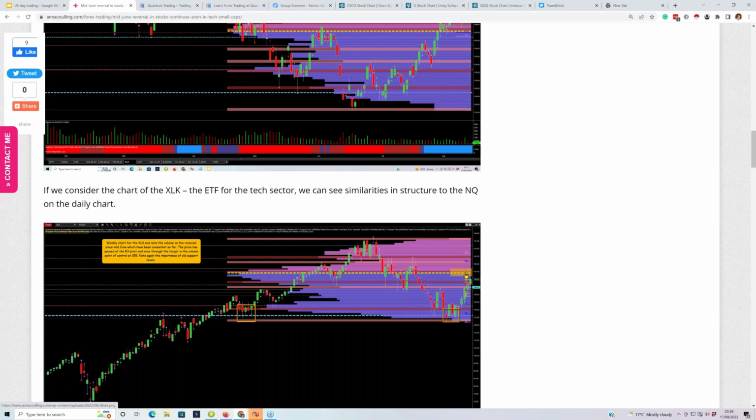The volume point of control and the histogram is the density of volume that is built up over time. And at this point, it's over the greatest amount of time. What it does is make price action more sluggish. And also, prices will always move more slowly going up than they do when they fall down.